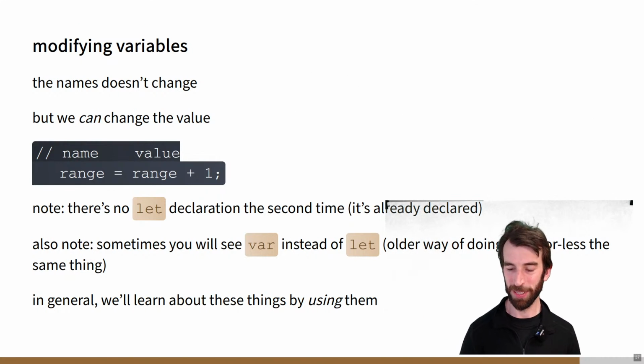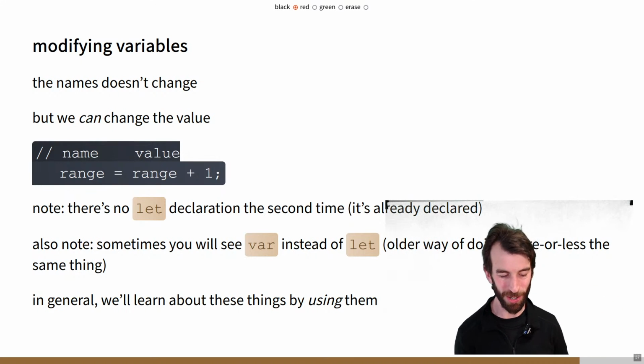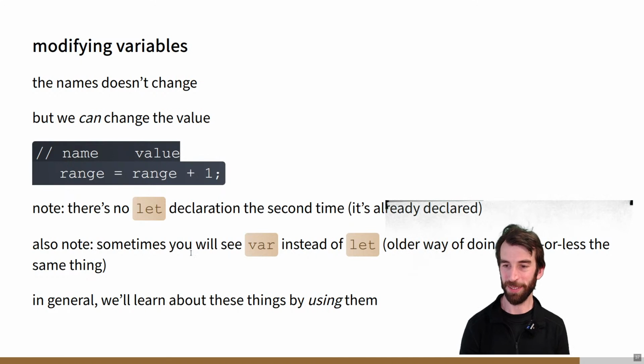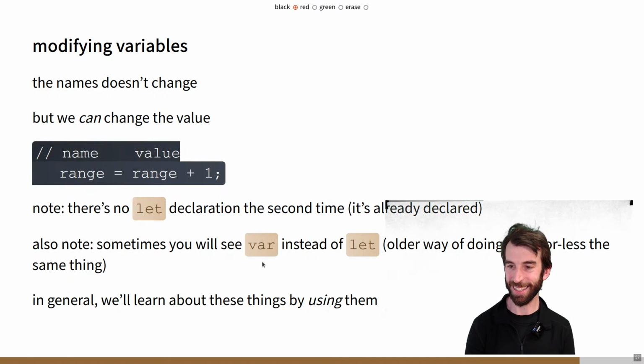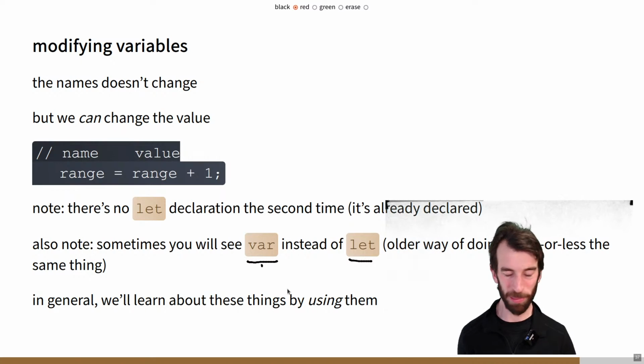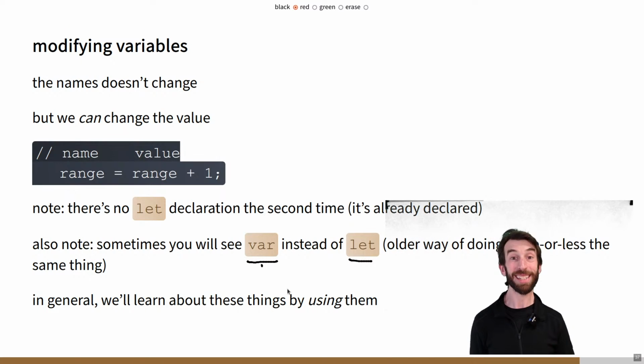Now, I had a little bit of horror happening in the chat about using var and let. As it turns out, in JavaScript, there are 2 different words you can use to declare a variable. One of them is let, and one of them is var. So var is an older way of doing more or less the same thing.